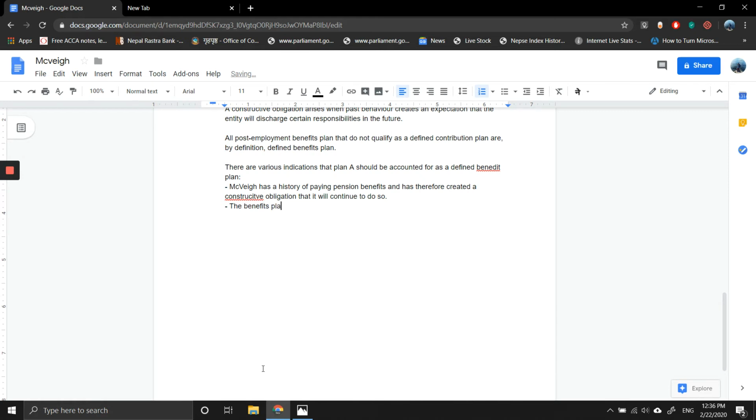Benefits payable are linked to final salary raise, thus potentially creating a plan deficit.